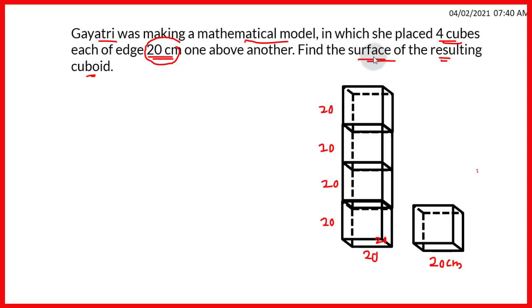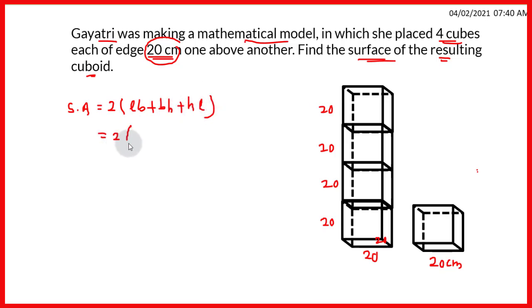And we have to find the total surface area of the resulting cuboid, that is, of this cuboid we have to find the surface area, and that surface area is given by the formula 2 into (LB + BH + HL).